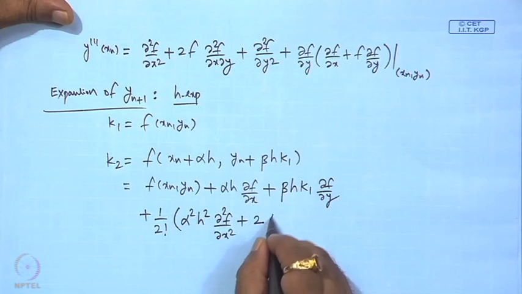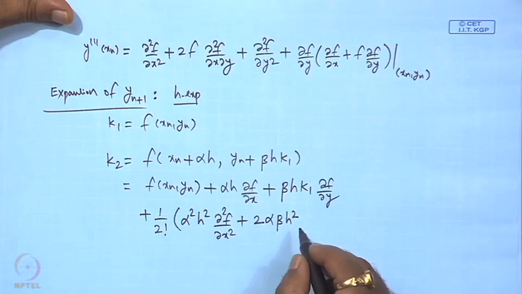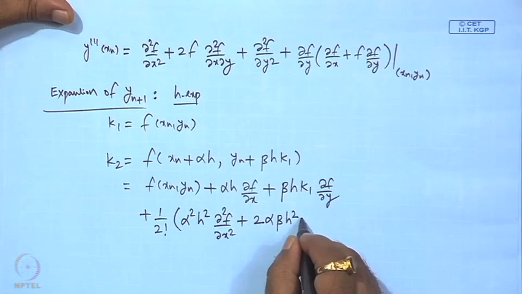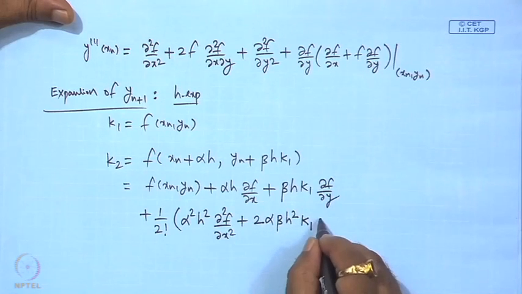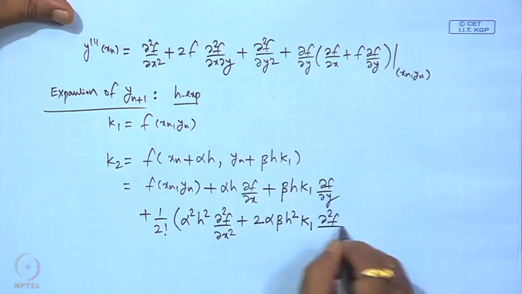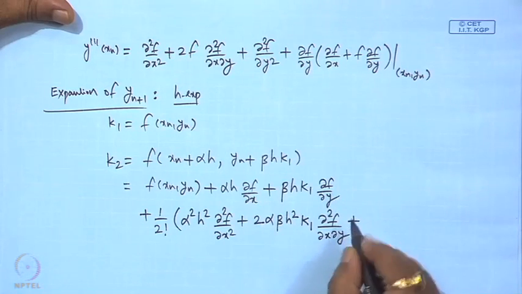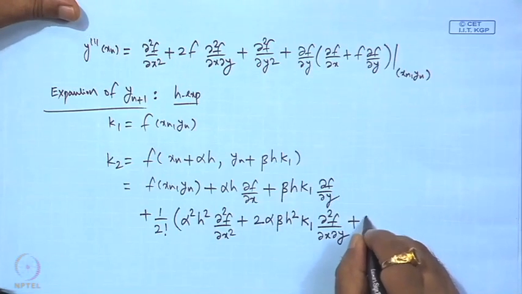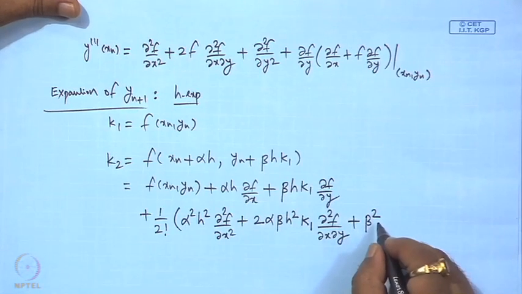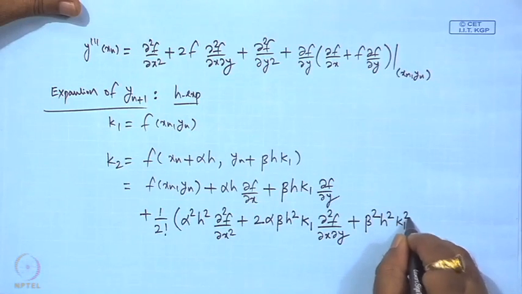So, that will be 2 alpha beta h square k 1, this is the mixed term, plus the second order term with respect to y, beta square h square k 1 square.